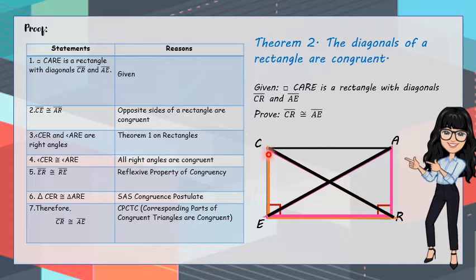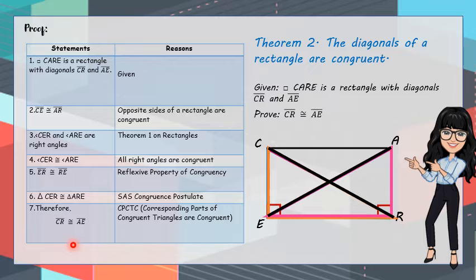So these 2 sides are also congruent by CPCTC. So what is CPCTC? Corresponding parts of congruent triangles are congruent. So if you have already proven that the 2 triangles are congruent, all the rest of the parts of your triangles are also congruent.